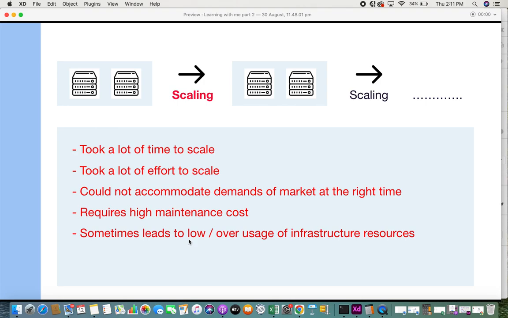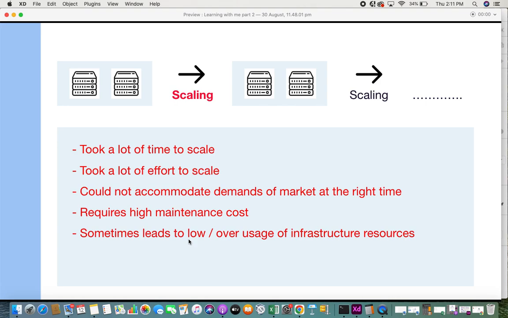In order to accommodate that period of demand, enterprises and businesses used to purchase these infrastructure resources, but it was only at that particular peak time that these resources got utilized. During the other times, the usage is very minimal, but they still had to take into account the cost and maintenance, and they had to put in a lot of effort and time to maintain it for the other periods.